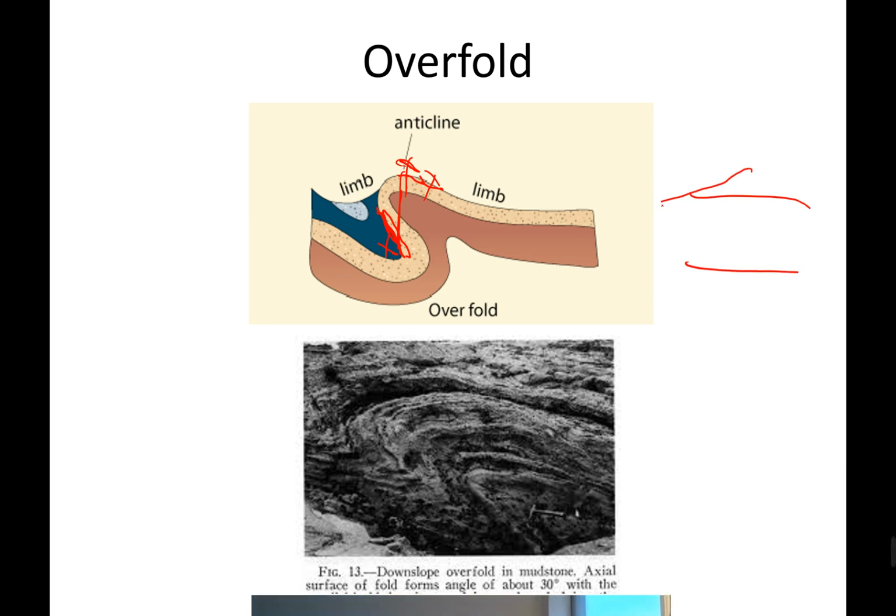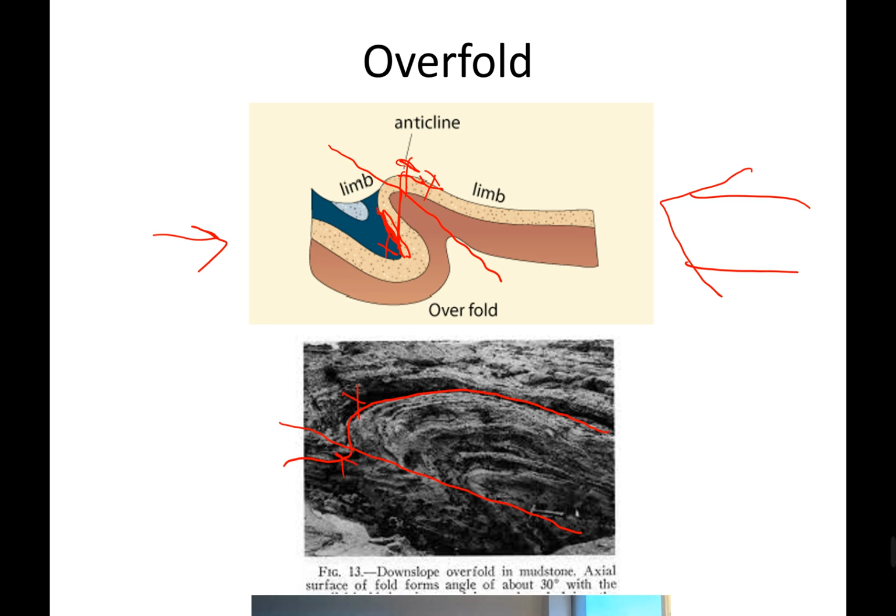Way more pressure coming from this side, hence the big pressure arrow. The fold axis is almost horizontal, and here's a really good example of it. Here's one limb, the other limb, and you can see a very almost horizontal fold axis, and this limb is almost on top of that limb there.